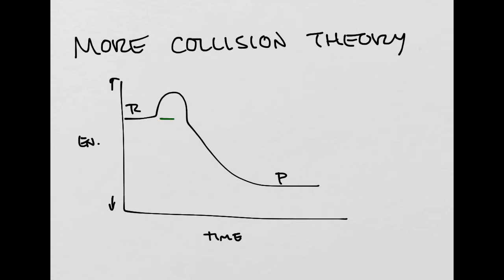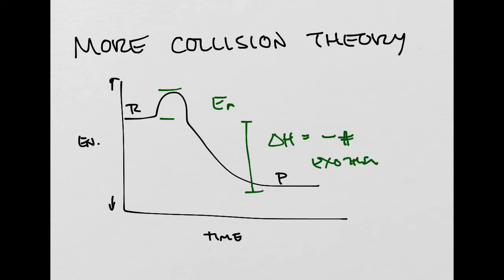We called this thing the activation energy, and then we had the overall energy of the system. In this case, it was an exothermic reaction, which we remember being called delta H. The delta H is going to be a negative number in this reaction because it is an exothermic reaction.